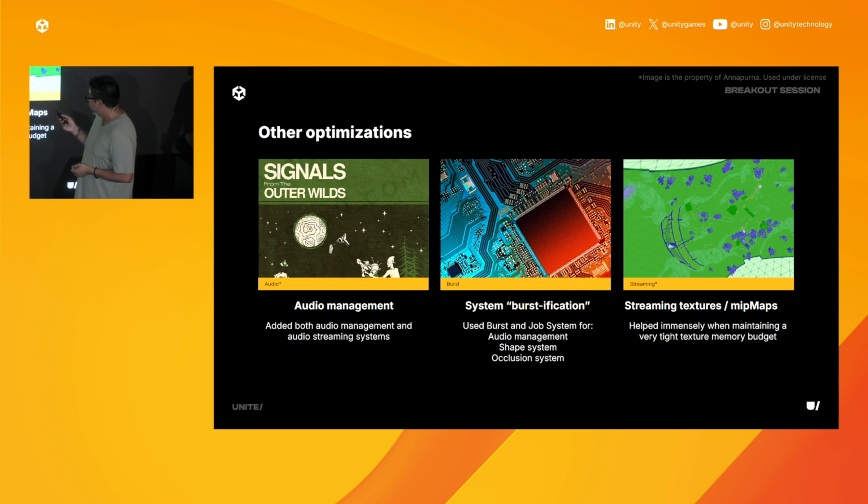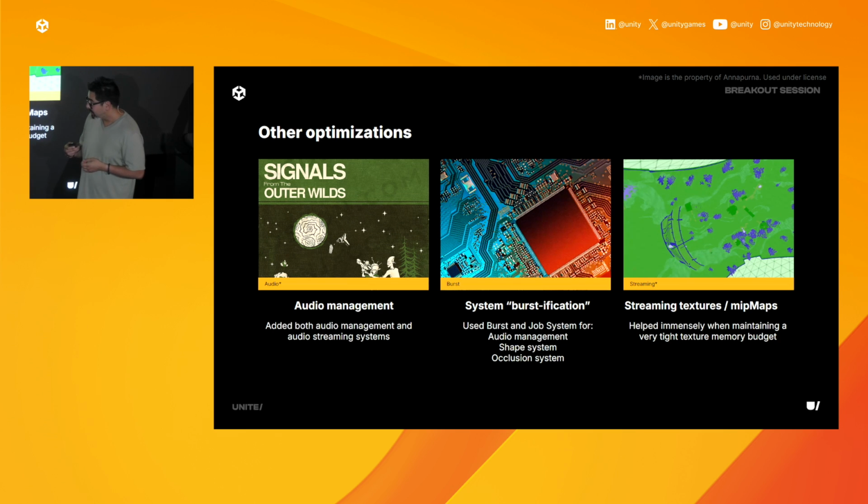Another thing that we heavily used was system burstification. That is using the job system and burst compiler to optimize your systems. We did this with the audio management systems we implemented and the occlusion system.